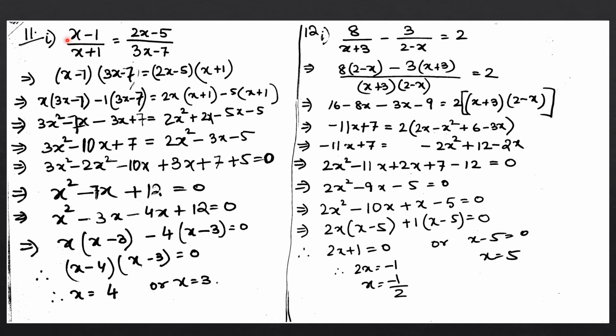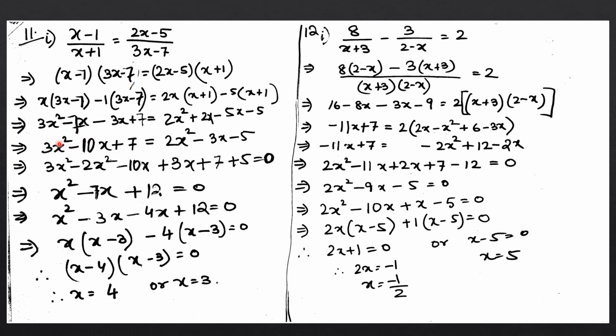Next is question number 11, number 1. The numbers we see are in fractions: x minus 1 by x plus 1, which is equal to 2x minus 5 by 3x minus 7. If I cross multiply, (x minus 1) and (3x minus 7), our solution will come up to this form, and (2x minus 5) into (x plus 1).